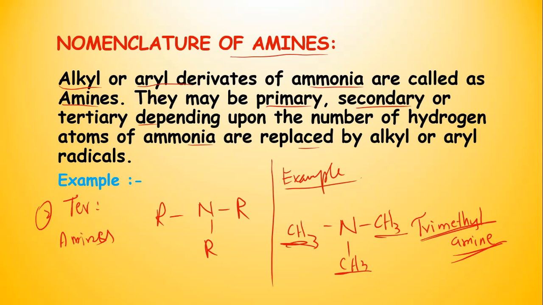Then there are three types: primary, secondary, and tertiary amine. Examples of primary amine are methylamine and ethylamine. An example of secondary amine is dimethylamine, and of tertiary amine is trimethylamine.